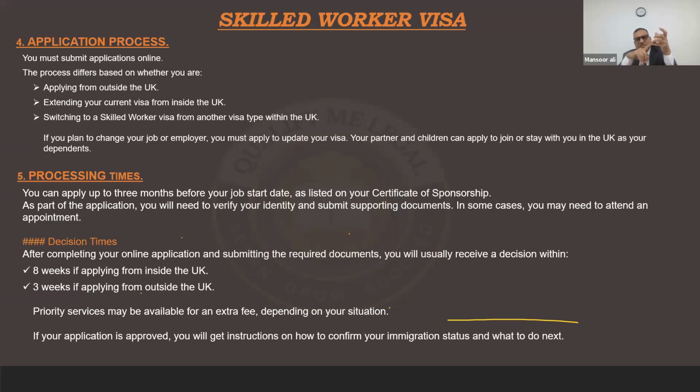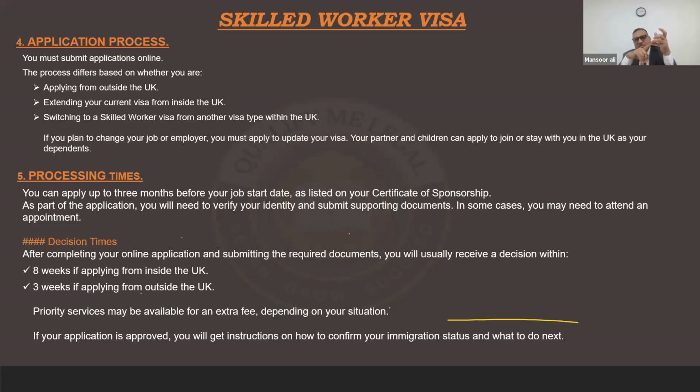So this visa is basically for those people who want to join any company or employer in the UK, or for those people who are within the UK on other categories. For instance, if they are on PSW or any other category, they can switch to a skilled worker visa.